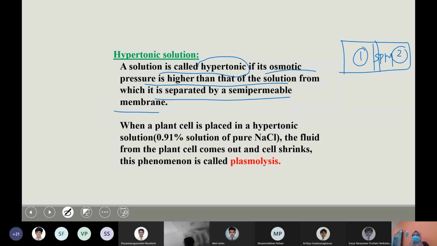It will become hypo. But here, as we are defining one by one with an example, you can see that if the osmotic pressure is more for one of the solutions, then that solution is termed hypertonic and the other one automatically becomes hypotonic, the one with less osmotic pressure. So here an example is given: when you put a plant cell in a 0.91 percent NaCl solution, that is a hypertonic solution.